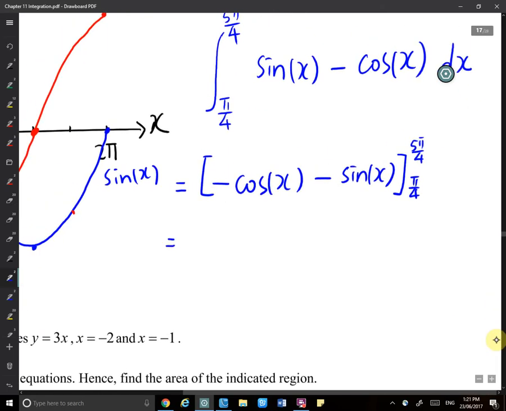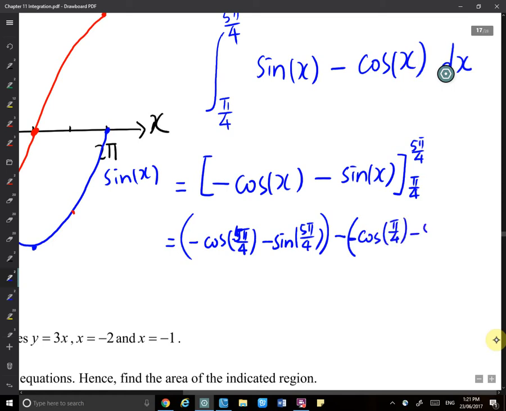So what you have is minus cosine 5 pi over 4 minus sine 5 pi over 4. That's the first substitution. Minus bracket minus cosine pi over 4 subtract sine pi over 4.